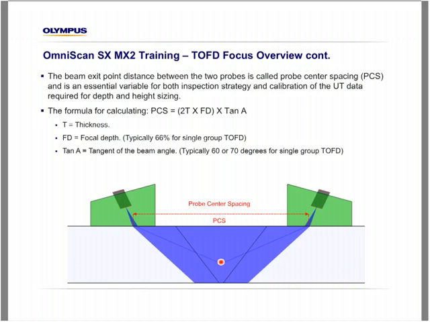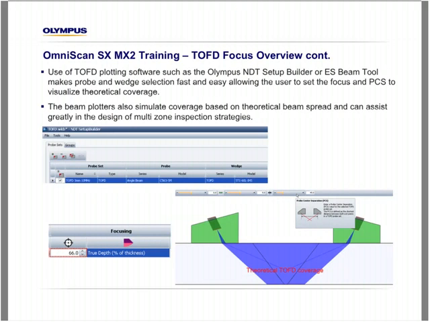The PCS strategy is an essential variable, and again, it is essential for accurate depth and height sizing and the detection of the Toth group. This can be done with a calculator or, more commonly, in the beam plotters associated with phased array and Toth inspection.